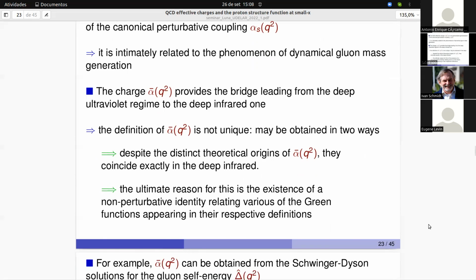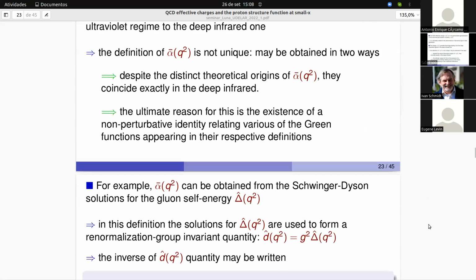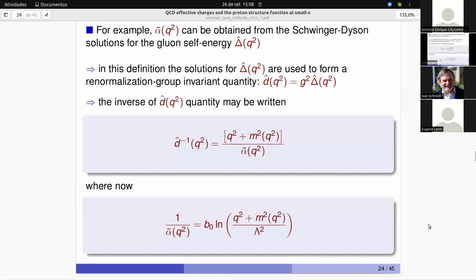As an example, just to see what I'm talking about, this charge can be obtained from the Schwinger-Dyson solution of the gluon self-energy.